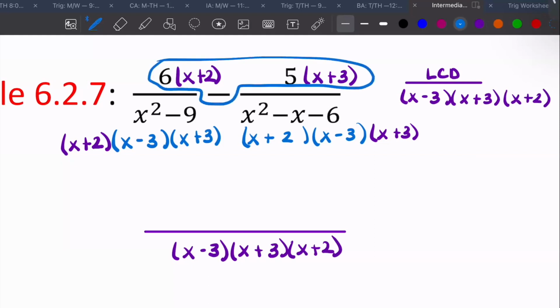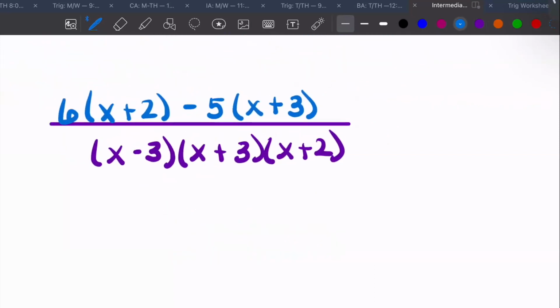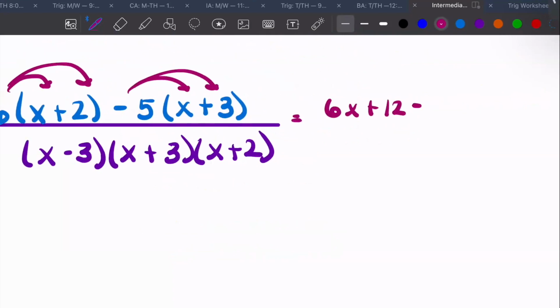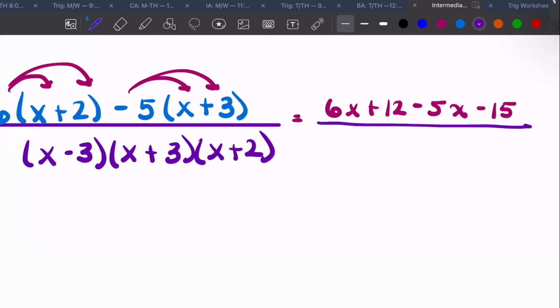Then we look at the top. 6 times x plus 2 minus 5 times x plus 3. So we're going to clean up. 6x plus 12 minus 5x minus 15 over that denominator.